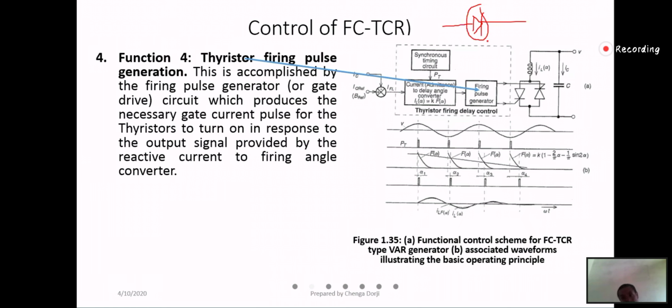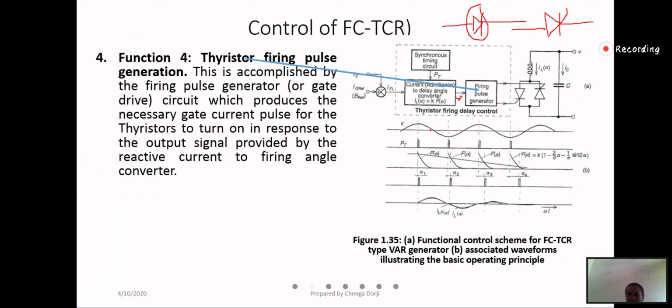But a thyristor will not conduct even if supply is given to the anode and it is forward biased, unless gating signals are given. We get that gating signal from this reactive current generation, the fundamental, so the firing pulse.